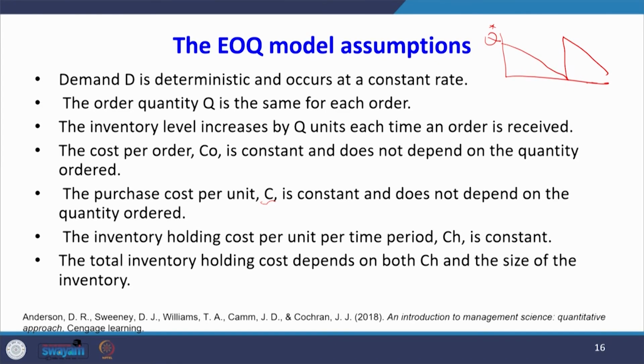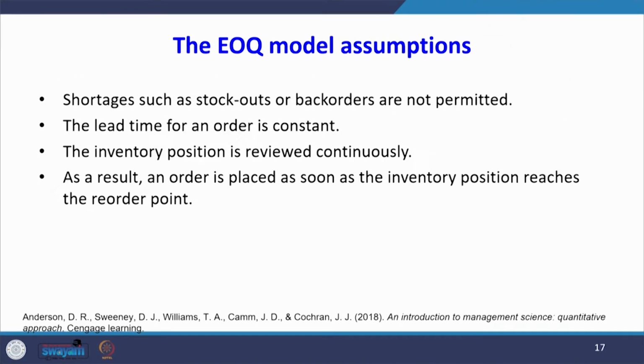The inventory holding cost per unit per time period is constant. The inventory holding cost depends on both the cost of carrying inventory and the size of the inventory. The ordering cost is independent of the size of the inventory, but the holding cost is directly proportional to the size of the inventory.